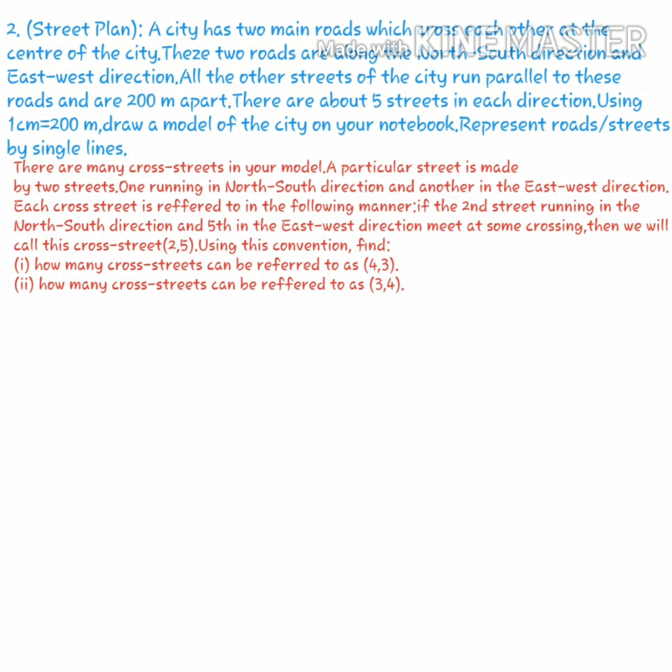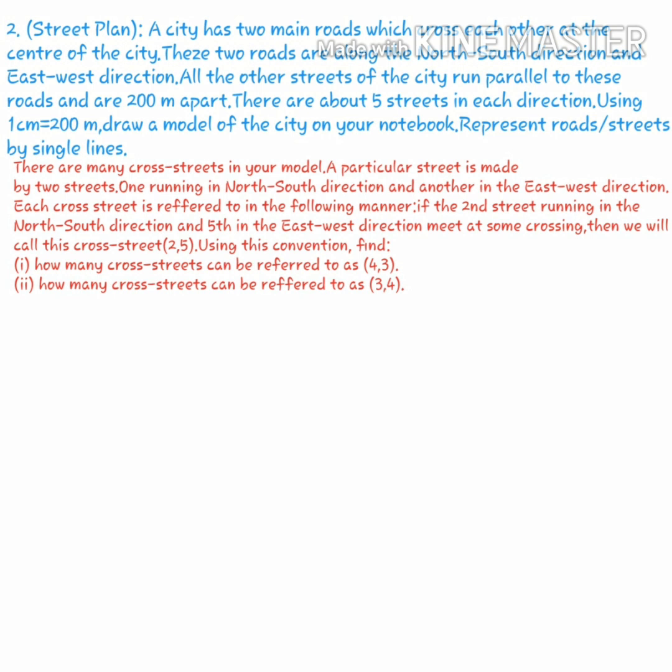So then, in red color, I marked that there are many crossroads in each model. A particular crossing is made by two streets, one running in the north-south direction and another in the east-west direction.